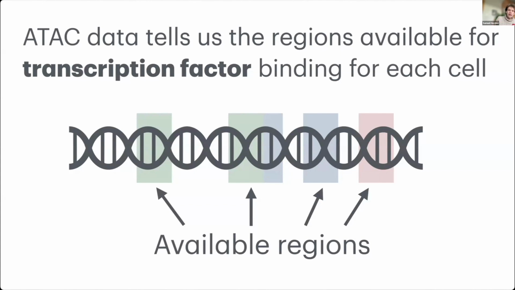I'm looking into whether we can see differences in the availability of these regions, because if the regions are differently available between cells with and without PAX6, that could mean that transcription factors bind differently to them, which effectively means they code for a different set of proteins, which could give rise to these new abnormal cell types which we observe in our system.